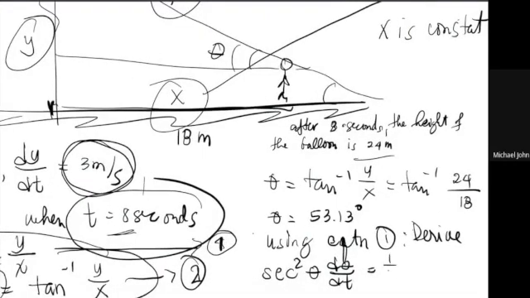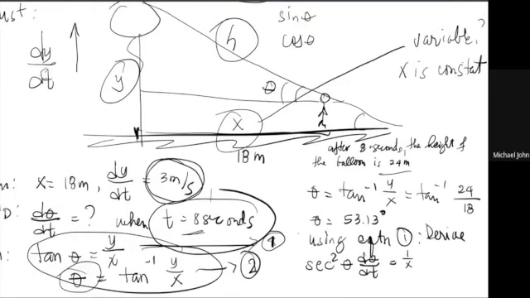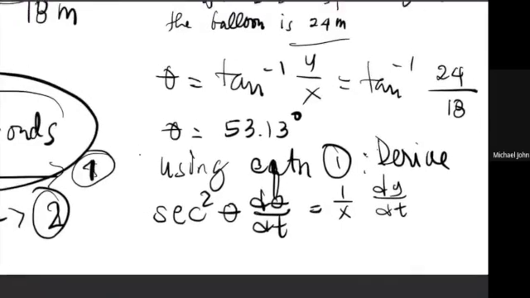We write it as 1 over x, since it is a numerical coefficient of the variable y. We derive y, so the derivative of y is dy/dt.